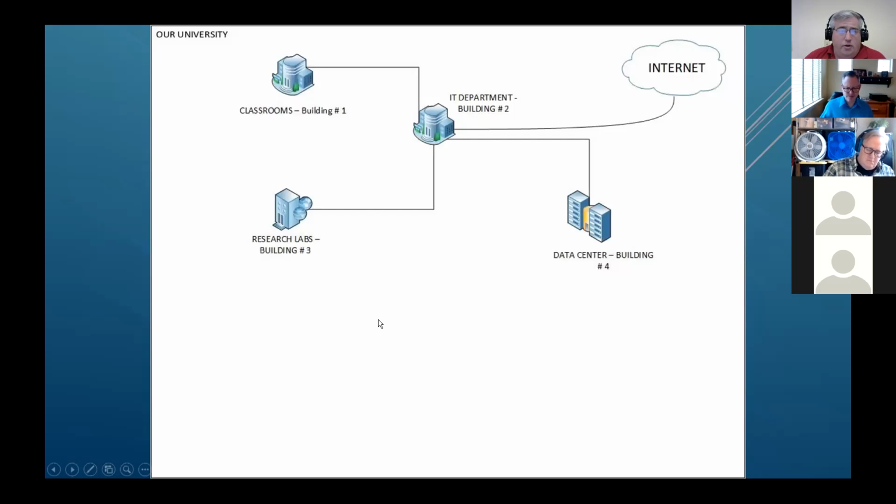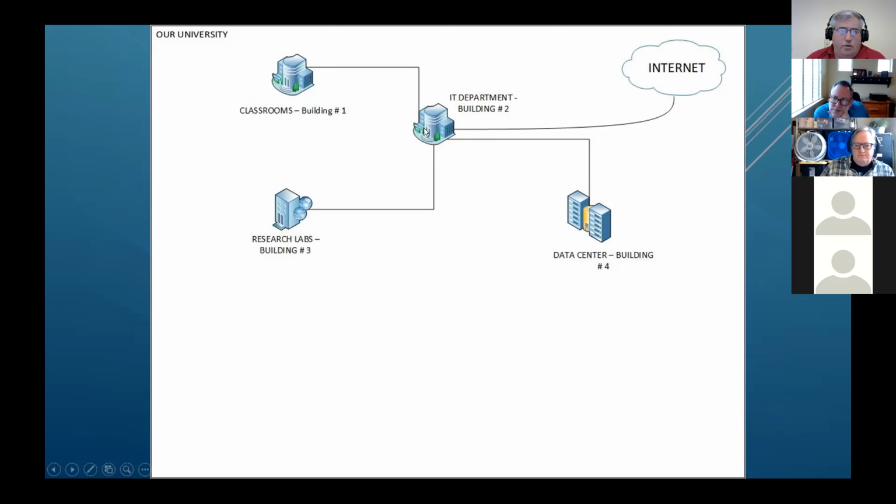So we've got a similar network, except we don't really have the routing and switching and everything put out there. We want to have things addressed by physical location. So imagine in the IT department here, we'll have a router that will route between all of these different buildings. And then we have our connection out to the internet.